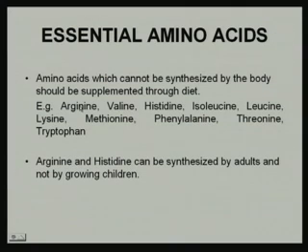They are arginine, valine, histidine, isoleucine, leucine, lysine, methionine, phenylalanine, threonine and tryptophan. So these are the amino acids which cannot be synthesized within the body system, and that is the reason the demand for these amino acids is met through diet or food.